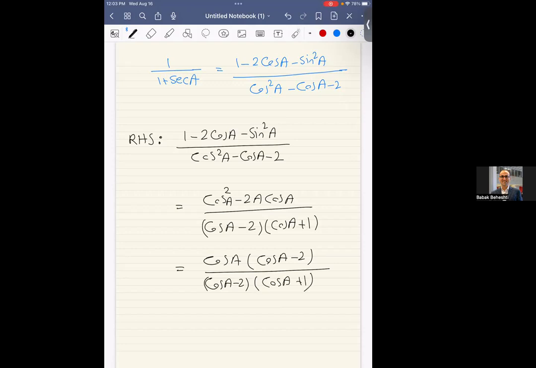So far so good, clear? Then you just cancel out cosine A minus 2, so you get cosine A over cosine A plus 1. If you divide the numerator and denominator by cosine, you get 1 over 1 plus secant.